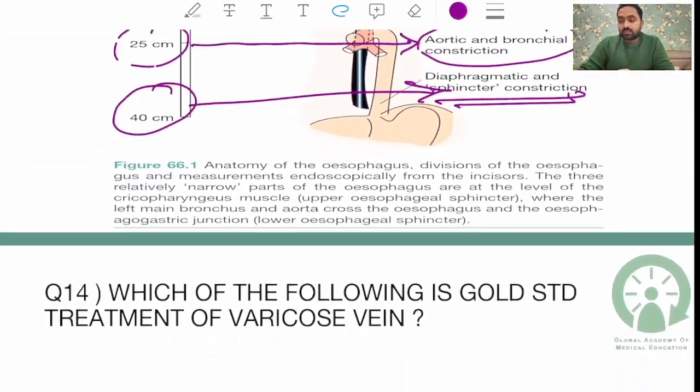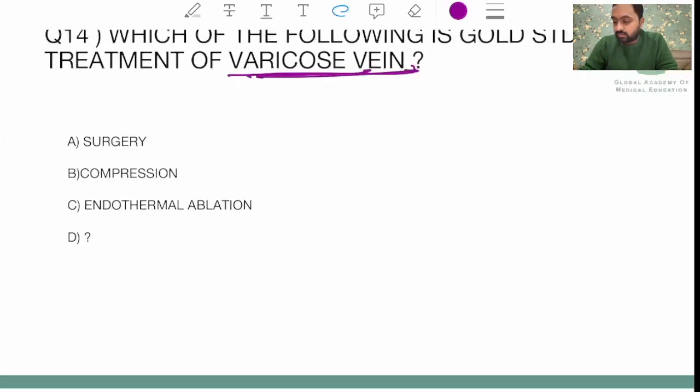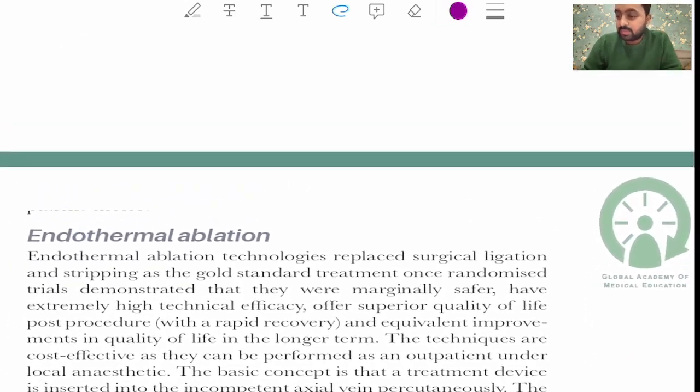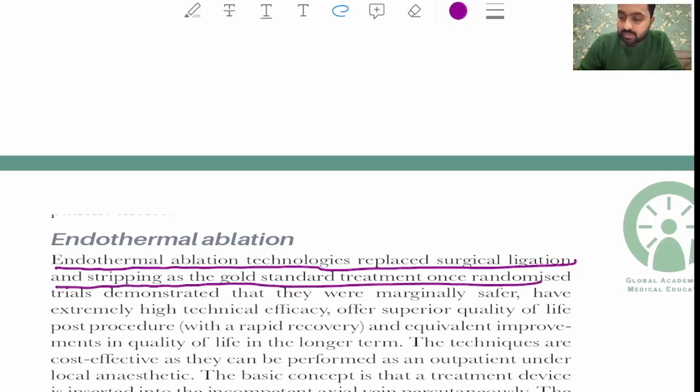Now another question that was asked from your venous disorders was regarding the gold standard treatment of the varicose vein, right? So if you look at this line over here, the endothermal ablation technologies have replaced surgical ligation and stripping as the gold standard treatment, right?